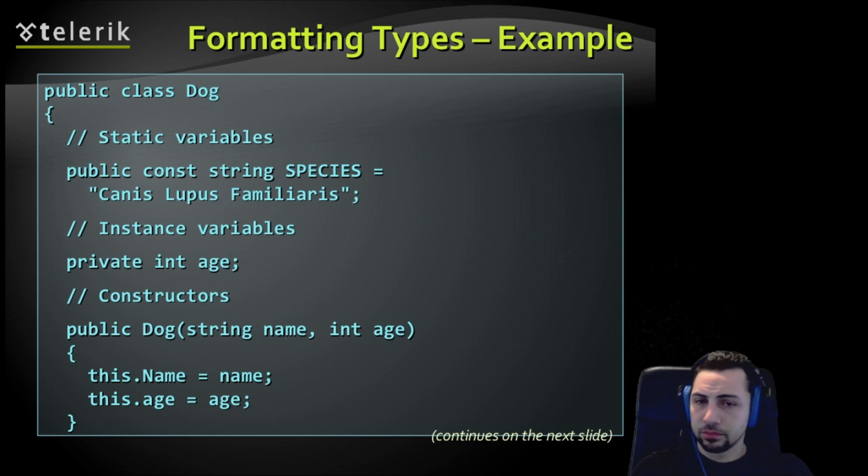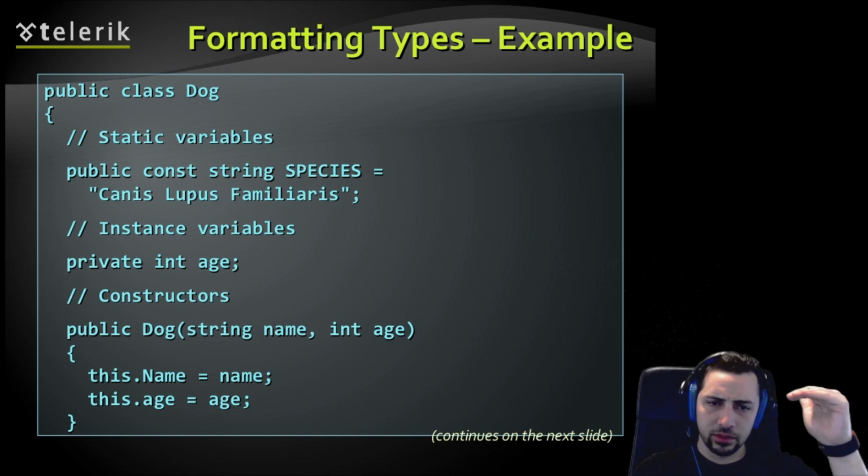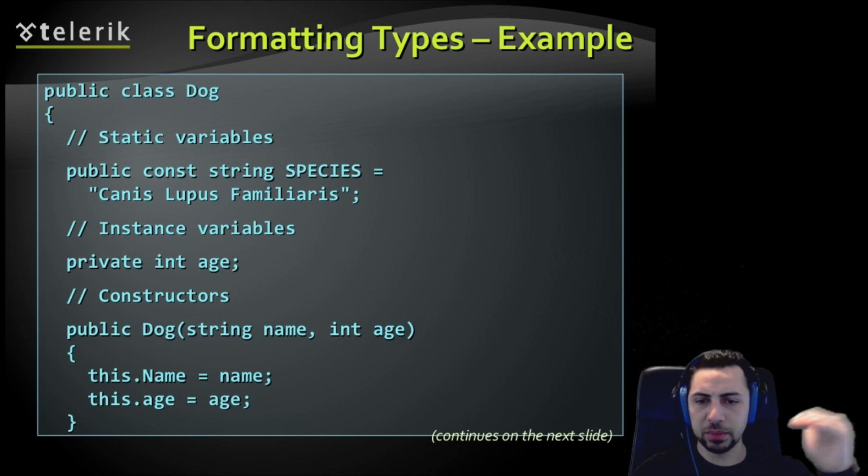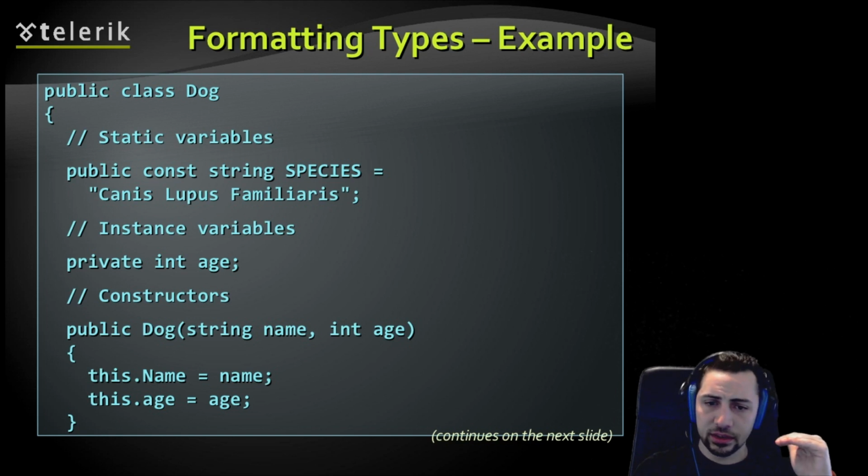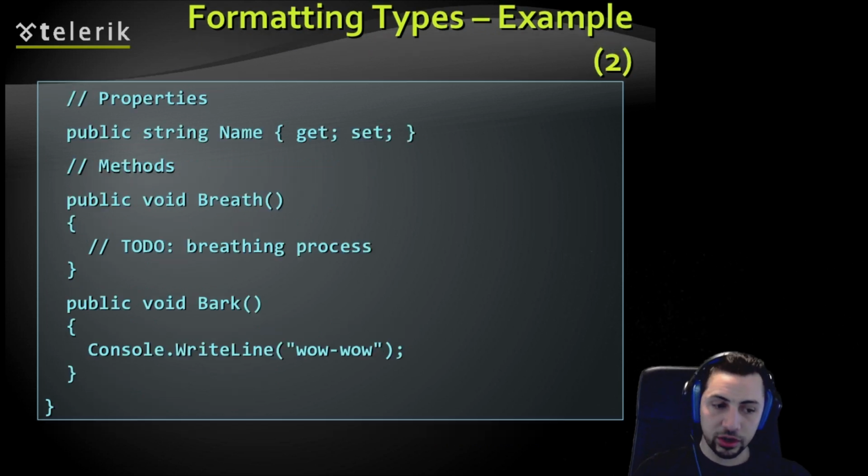So here, static variables, we don't have any. We've got a constant static variable, species. Int is an instance variable, the constructor, then the property, then the methods, okay, in that order.